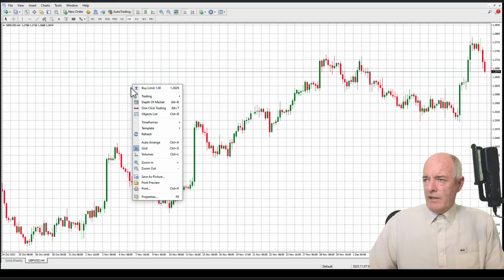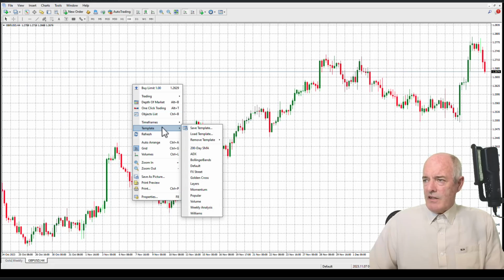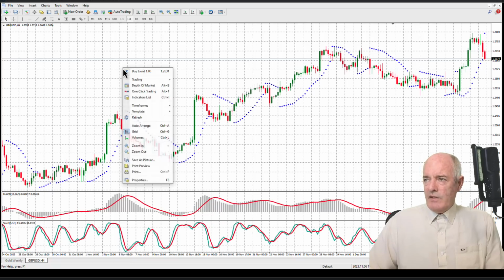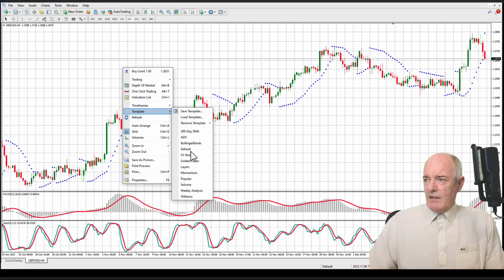I'm going to click on template, and then I'll select weekly analysis. And there we go. So every time I want a chart to look like this, I just go on to template. I'm going to repeat this, go down to weekly analysis, and there it is. And I've got some other ones that I've saved as well. Here's another one I've got called Golden Cross.